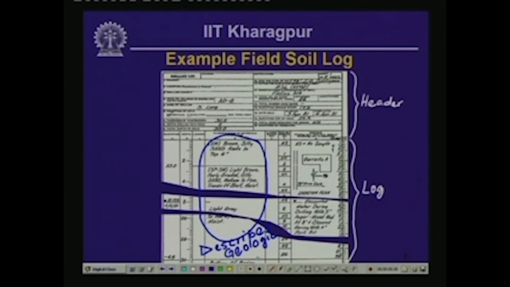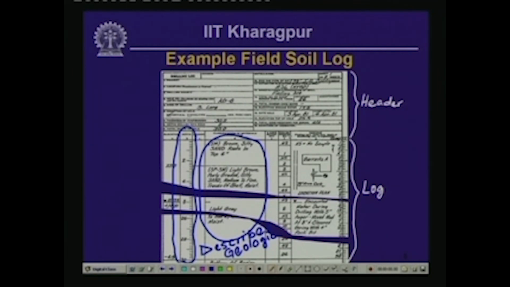So, we will look into it in greater detail. Then there is another column towards the left of this particular log. Now, this column is the depth scale. That means for a given geologic unit or a given layer of soil or rock, at what depth this type of soil or rock is occurring, and what is the thickness of that particular layer. In order to understand that, we have to mention the depth scale on this log.